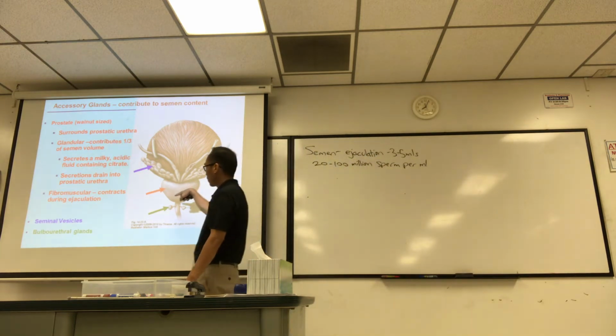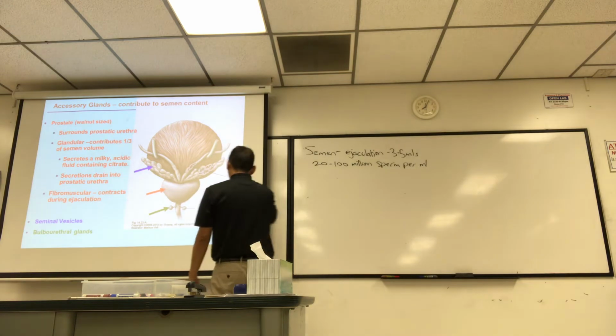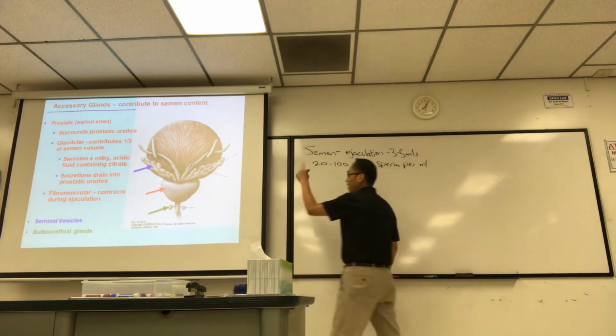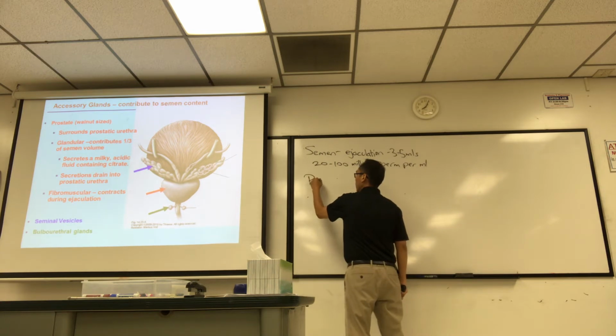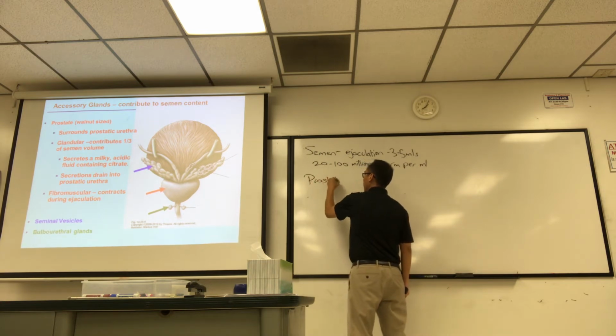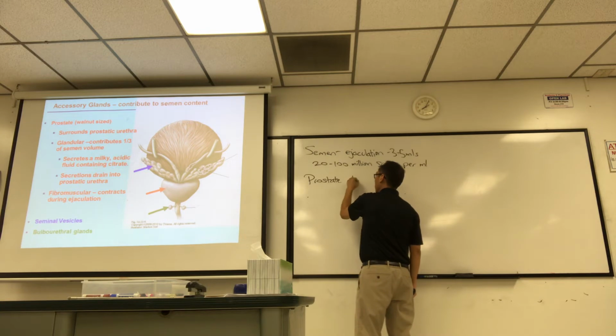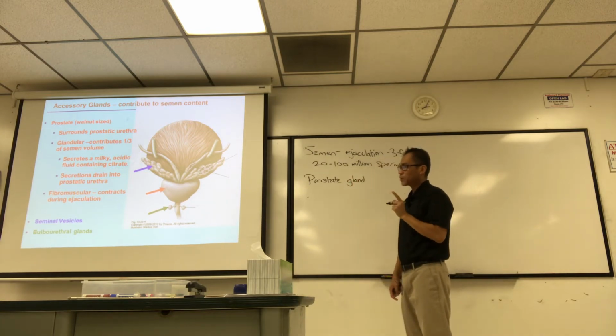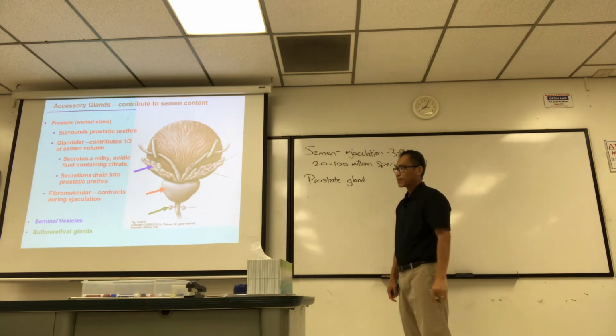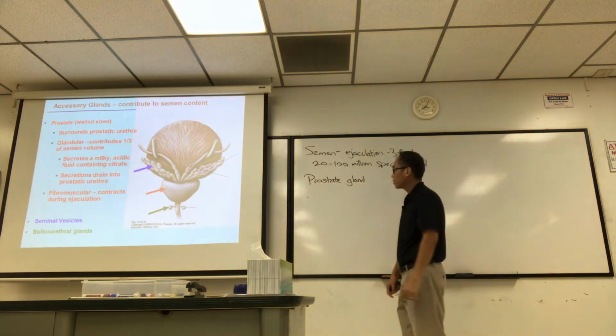So I color-coded it. That's the prostate right there, the red arrow, and the red font describes its secretion. The prostate gland is described as a fibromuscular gland. It actually can contract during ejaculation.